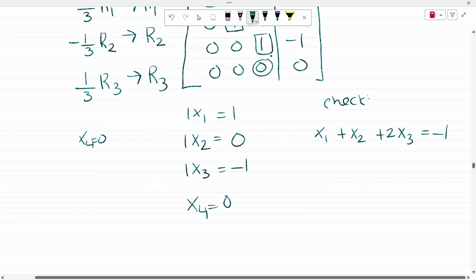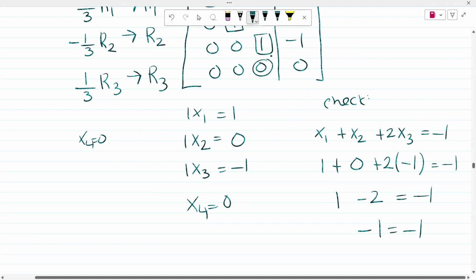So we said x1 is 1 plus x2 is 0 plus 2 times x3 is -1. So this would be 1 plus 0 is 1. 2 times -1 is -2. Does that give you -1? So 1 minus 2 is -1. Yes. So it works. So this is your solution.